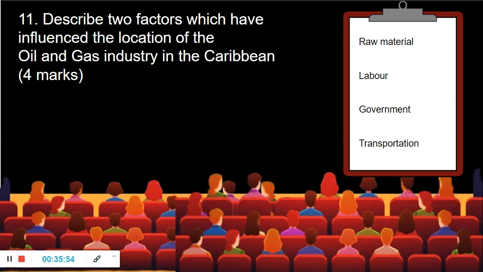So these areas are well linked by roads and pipelines. You want to explain that.